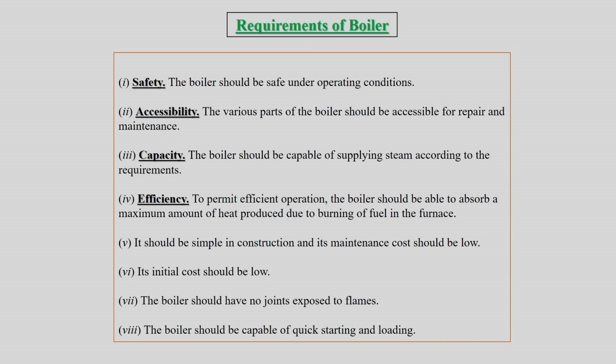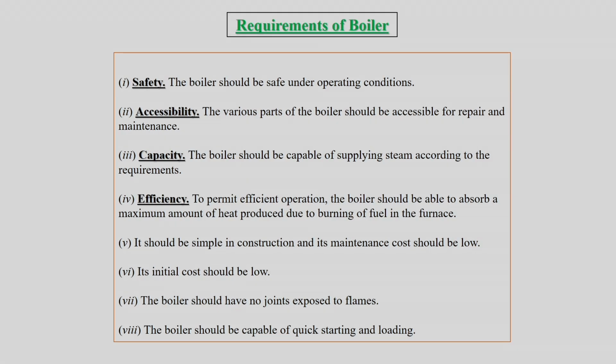Further, in discussions in previous classes we had also seen that there is an efficiency called the source efficiency, where we are burning coal or oil, which have a certain calorific value. So we want efficient heat transfer from the flue gases to the water, or from the heat source to the working medium. That efficiency has to be improved such that the overall efficiency of the plant will be higher, so that the economy will be better.